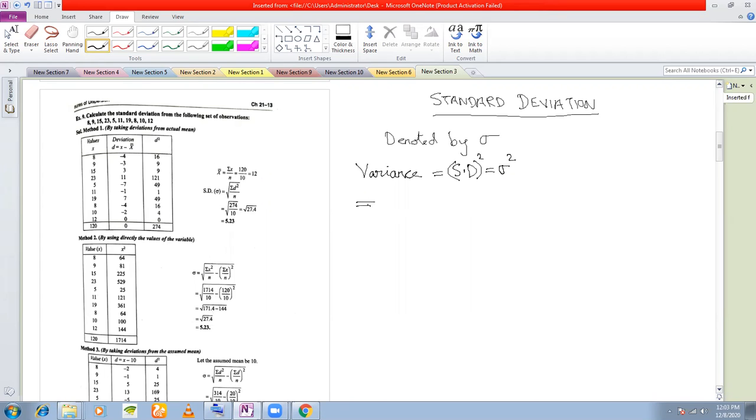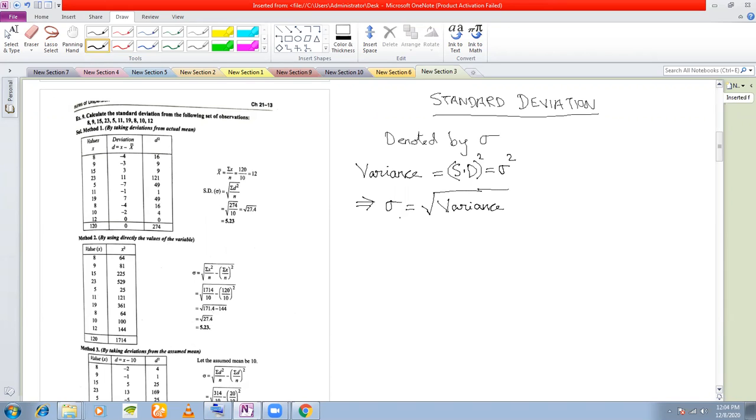And if you want to find out standard deviation from the variance, you simply take the positive square root of variance. Only the positive square root. So remember, variance is equal to the square of standard deviation. Okay, so we'll be focusing on standard deviation. If you square standard deviation, you can find out variance.